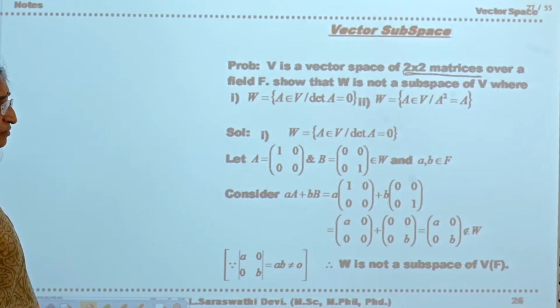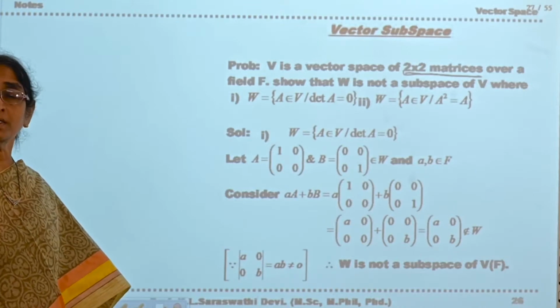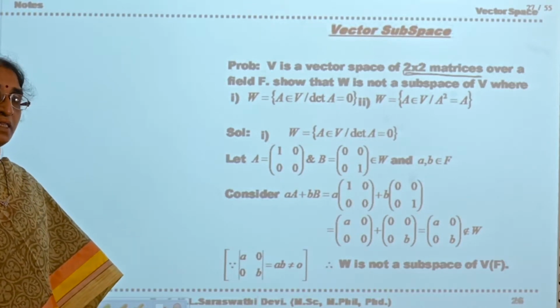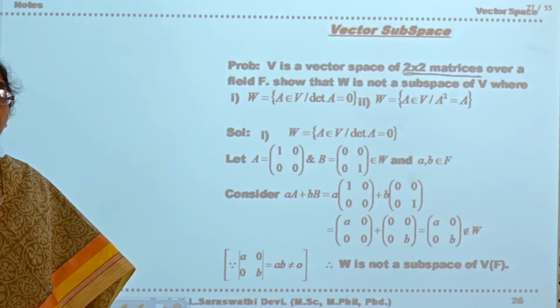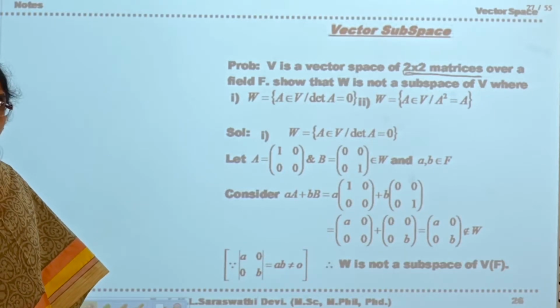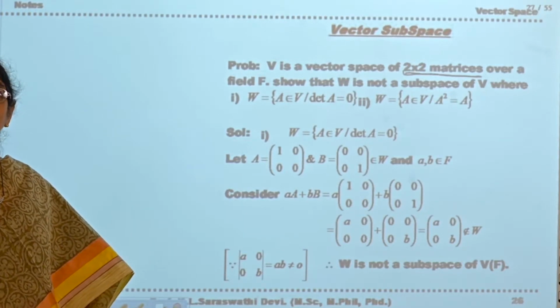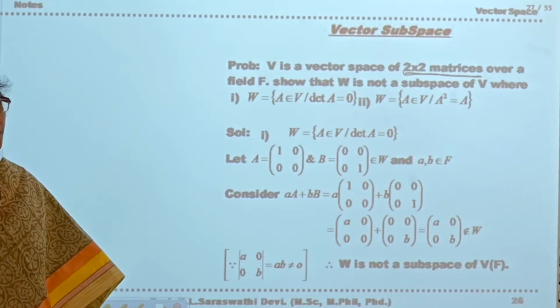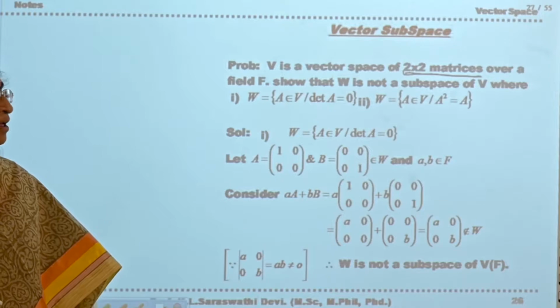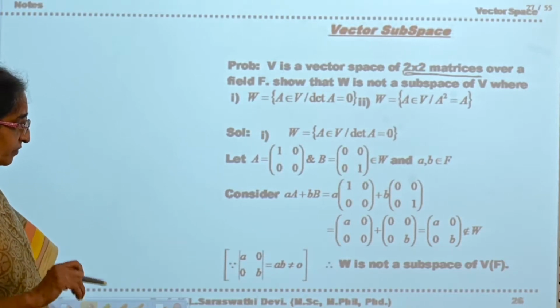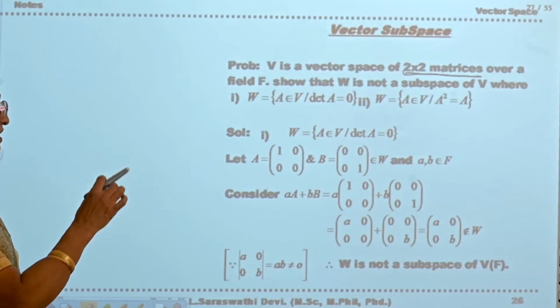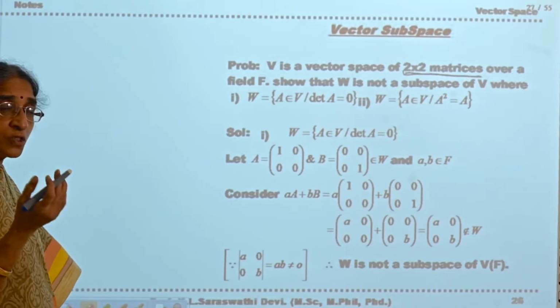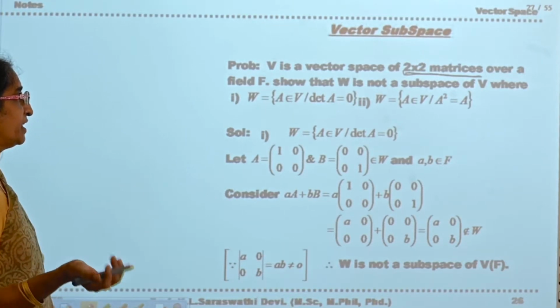Now here in vector space you have seen one problem. The set of all matrices of order m by n will form a vector space with respect to the addition of matrices and scalar multiplication of matrices. There we were able to show that. Now here the set of all 2 by 2 matrices also will be a vector space.